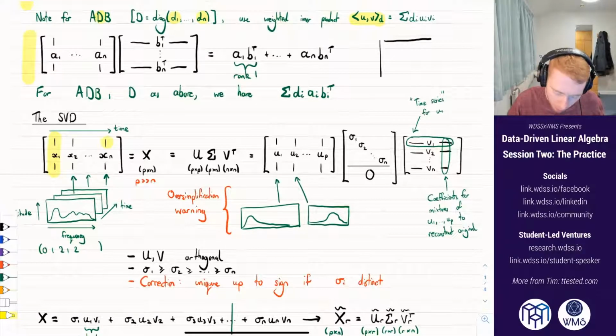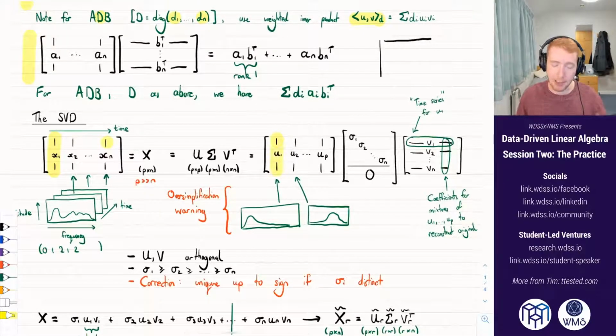The columns of U represent a basis, or a palette, for reconstructing our original matrix. In this case, these will represent individual frequency profiles that can be combined together to make the original song.